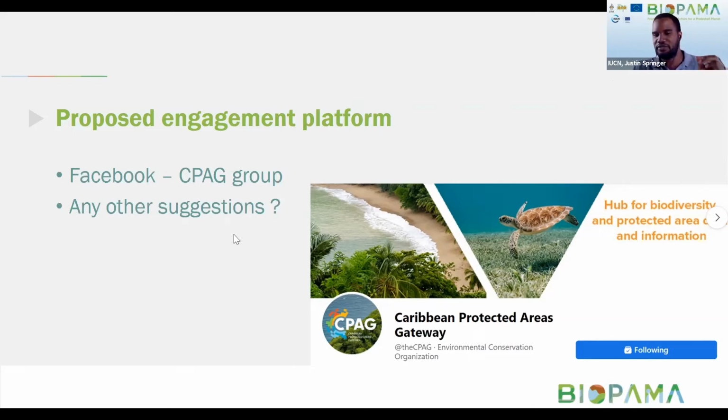Now, as part of the Facebook app, you can create subgroups. And therefore, what we intend to do is create a subgroup that persons who are active on Facebook can feel free to join. And that's the platform that we are currently thinking of utilizing. Because Facebook is widely used across the world, many of us would already have Facebook accounts.